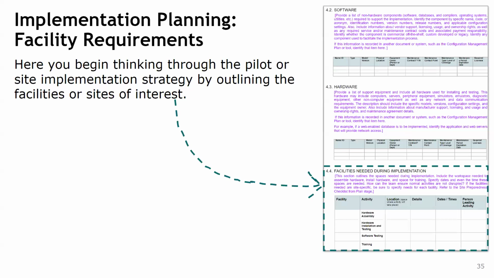And then you will need a training room, which is dedicated for training. If you are doing hardware assembly, you might need a dedicated space for that. So depending on the type of project you're doing, you need to plan for all the types of tasks you'll be doing, and see if you need dedicated spaces for them.